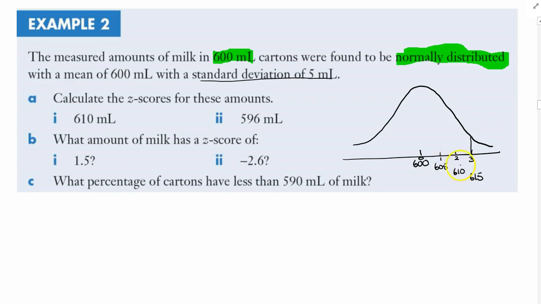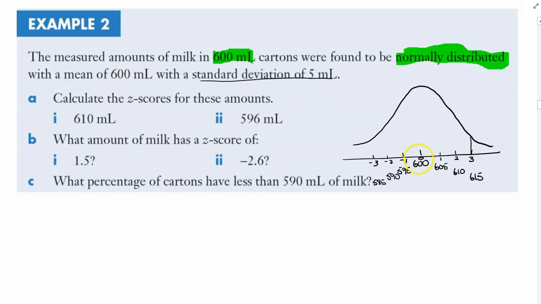You can probably guess there are some results between 605 mil and 610 mil, and they would have Z-scores between 1 and 2. Likewise, between 610 and 615, very few cartons have milk over 615 mil.